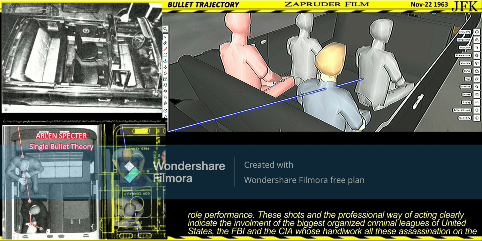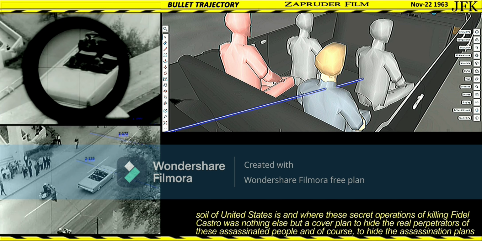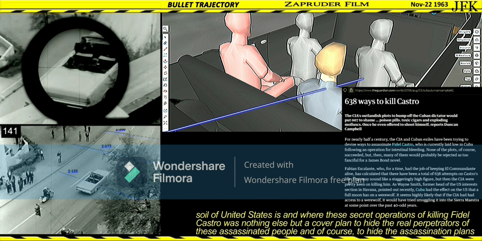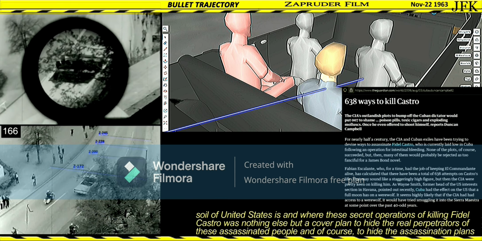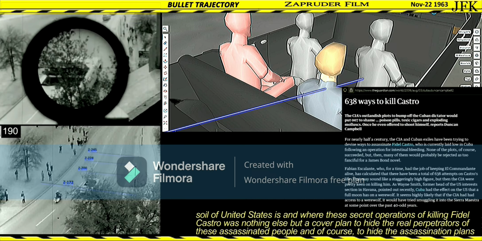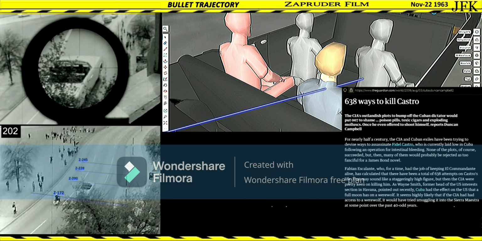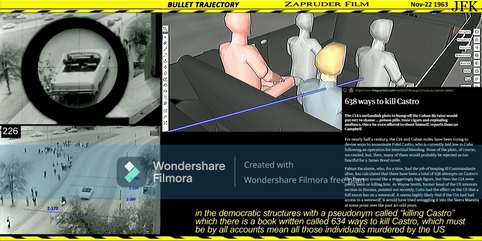These shots and the professional way of acting clearly indicate the involvement of the biggest organized criminal leagues of the United States, the FBI and the CIA, whose handiwork all these assassinations on the soil of the United States are, and where these secret operations of killing Fidel Castro were nothing else but a cover plan to hide the real perpetrators of these assassinated people, and of course, to hide the assassination plans in the democratic structures with a pseudonym called Killing Castro.